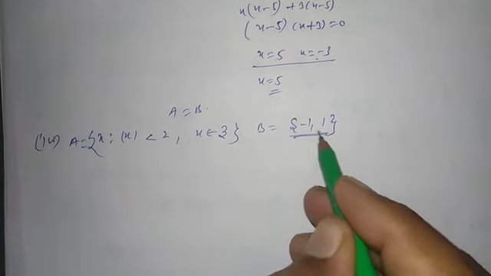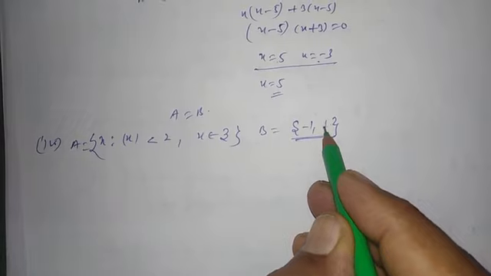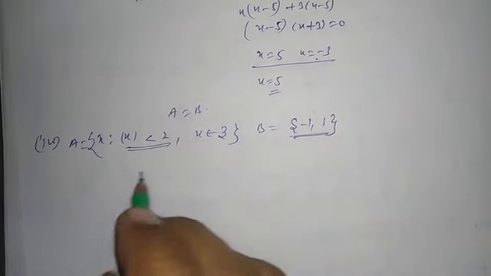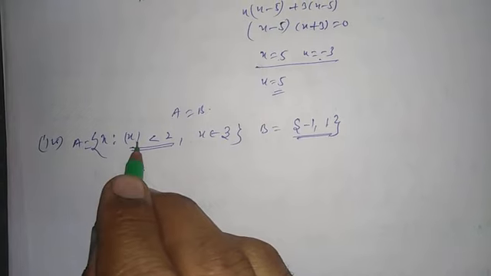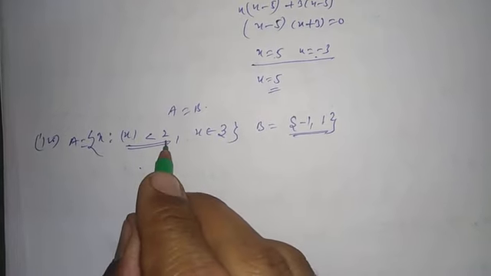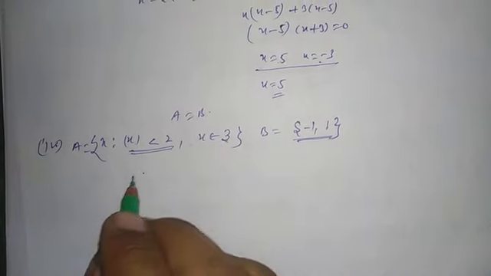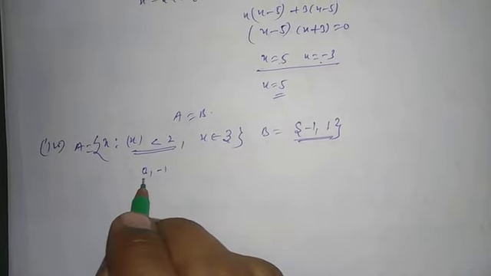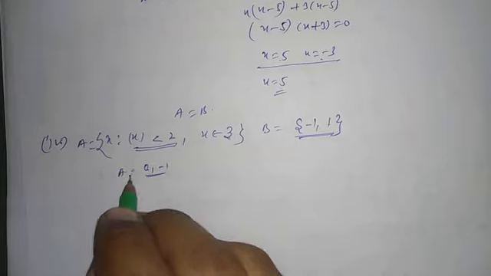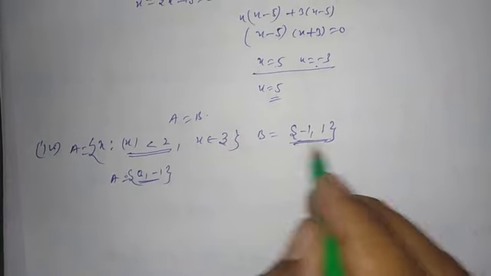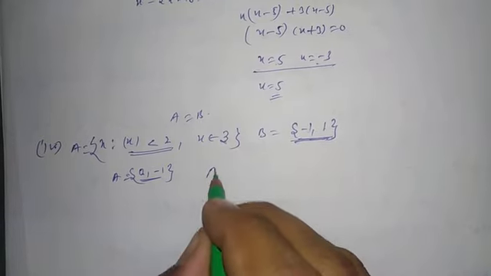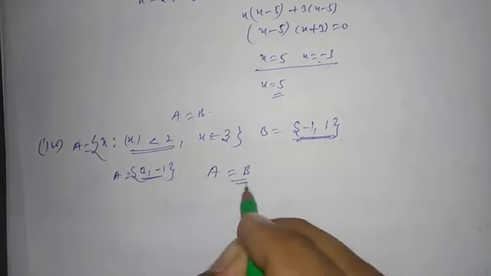Set B contains two elements minus 1 and 1, while set A contains numbers whose modulus is less than 2 and belonging to integers: 0, 1 and -1. Set A contains 0 and -1 [sic]. Set B contains -1 and 1. So A is not equal to B.